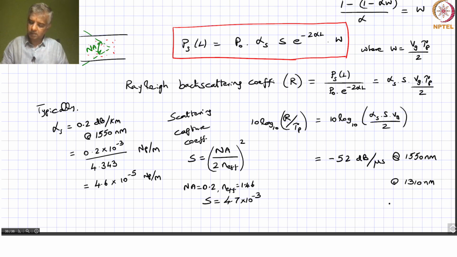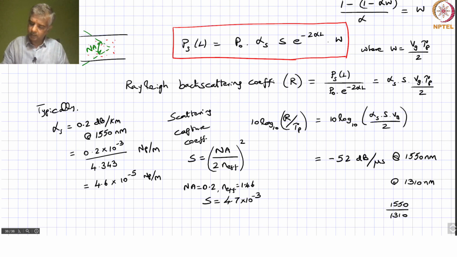So you take 1550 divided by 1310 to the power of 4, which works out to approximately a factor of 2. So this corresponds to minus 49 dB per microsecond at 1310 nanometers. The shorter the wavelength, the more the scattering, so you have a smaller negative number. That's what it corresponds to.